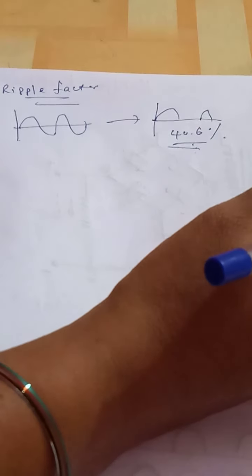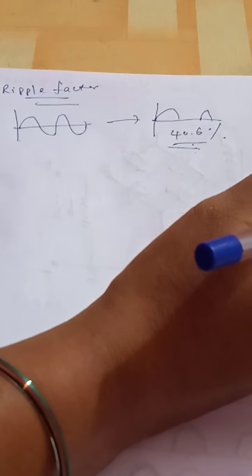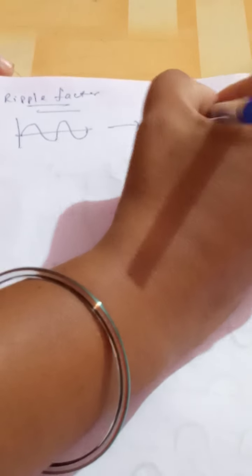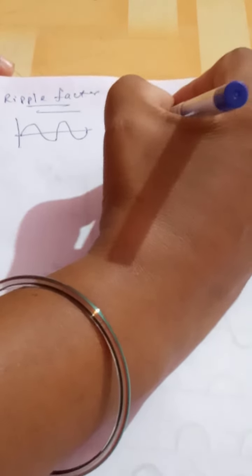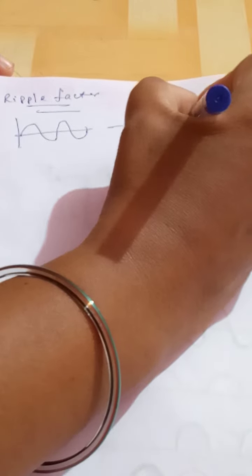Then what about the other components which we find in output? They are nothing but AC components. This overlaps on DC.